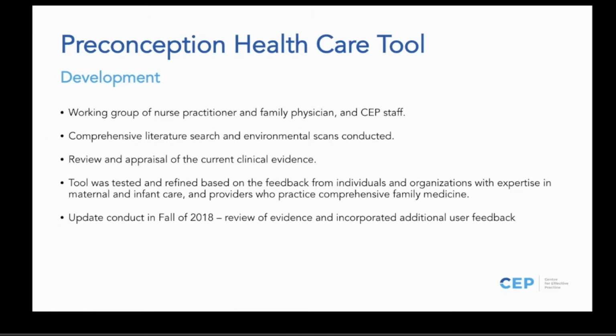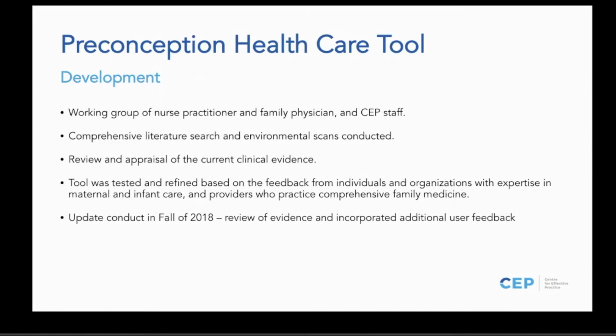So how did we develop this tool? There was a working group of myself, a nurse practitioner, Rebecca Barrett, and the Center for Effective Practice staff who worked to develop this tool. A comprehensive literature search and environmental scans were conducted. The clinical evidence was reviewed and appraised, and then the tool was drafted, tested with primary care providers in different settings, and refined based on their feedback.